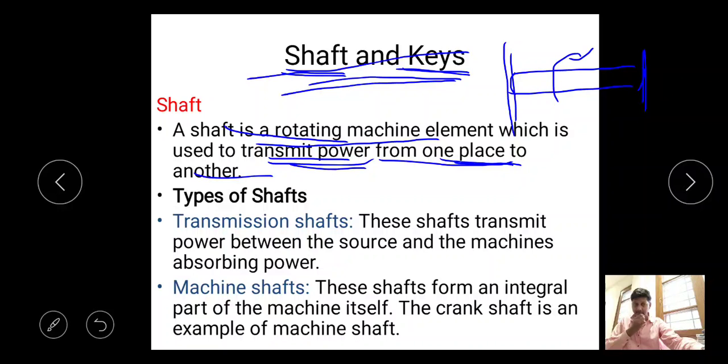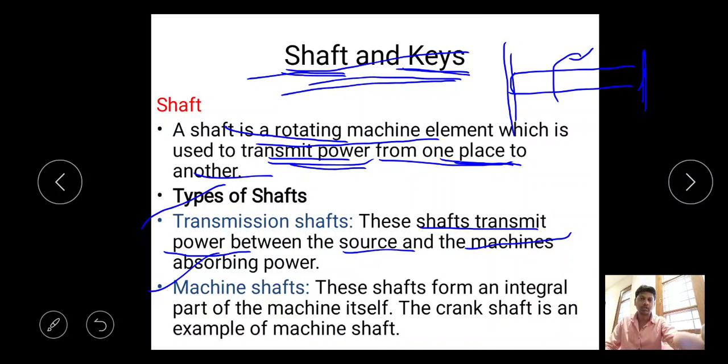There are two types of shaft mainly. One is transmission shaft, one is machine shaft. What do you mean by transmission shaft? As I explained, it is a shaft which is used to transmit power. If you are using that shaft for power transmission between source and machine, from one place to another place, then it is called a transmission shaft.